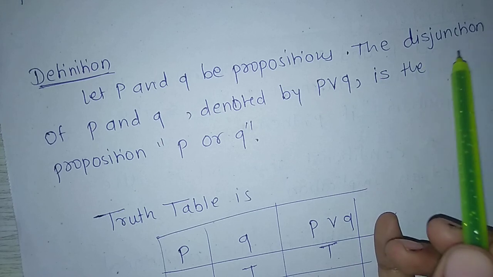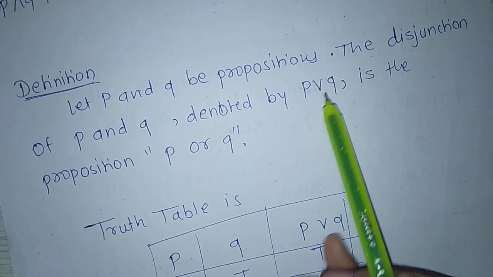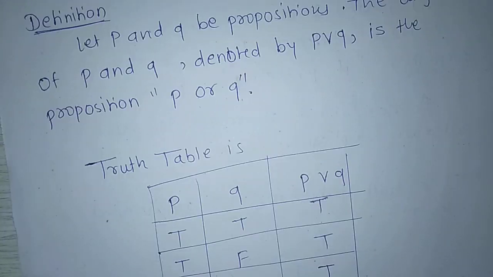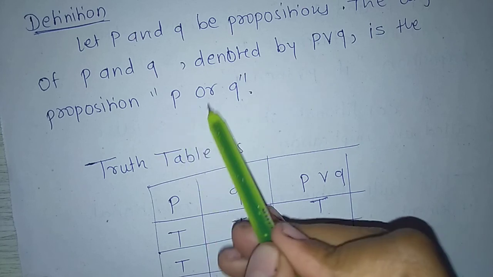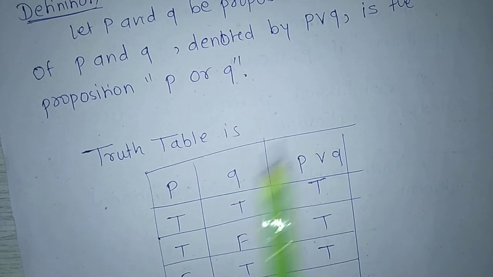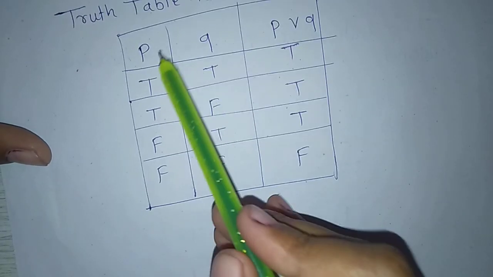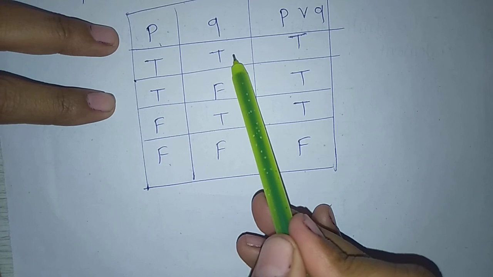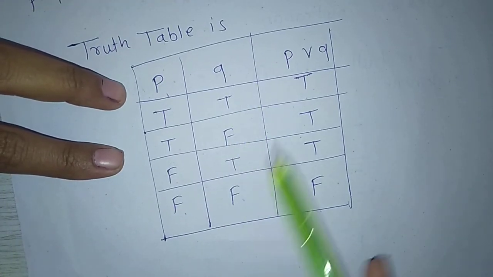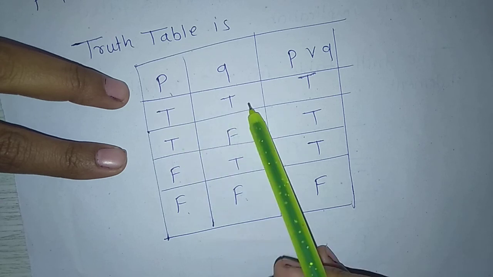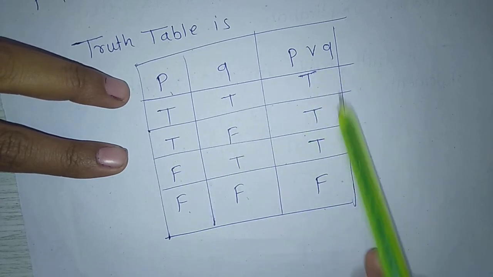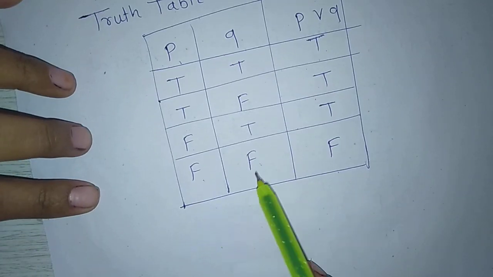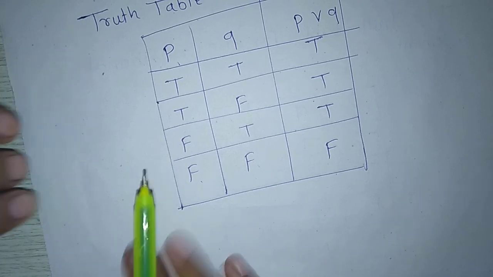The disjunction of P and Q, denoted by P or Q, is the proposition P or Q. Read this as P or Q. The truth table for disjunction is: first write P, Q, P or Q. Next write T, T, F, F. In the Q column T, F, T, F. P or Q gives: T, T then T; T, F then P or Q is T; F, T means F or T equals T; F or F equals F.